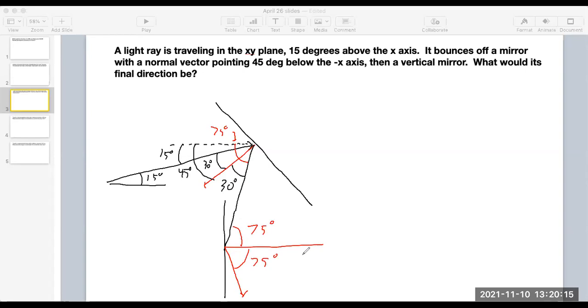So it needs to be 75 degrees below the plus x-axis. Or 285 degrees in this way of measuring things.